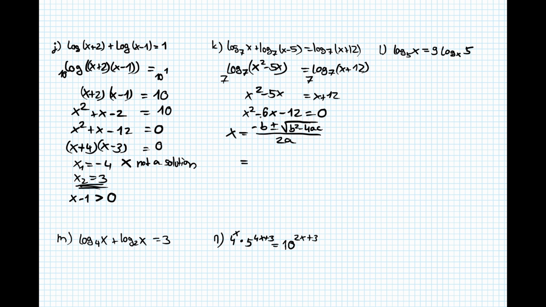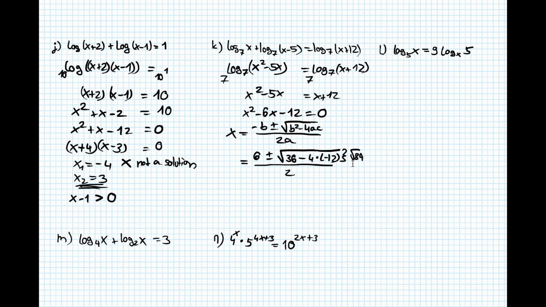So in this case our b is negative 6, so negative times negative is positive, plus minus square root of negative 6 squared, so that's just 36, minus 4 times 1 times negative 12, divided by 2 times a, which is 2. So here we have 36 and then plus 48. That's equal to square root of 84.